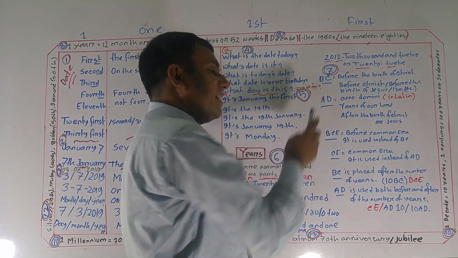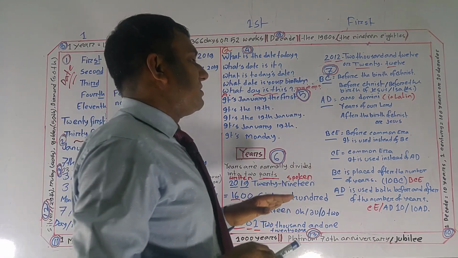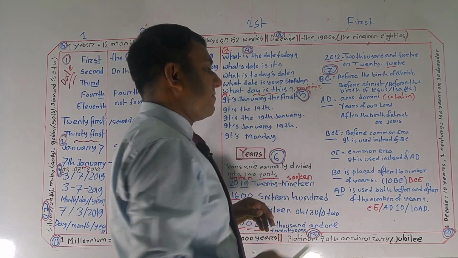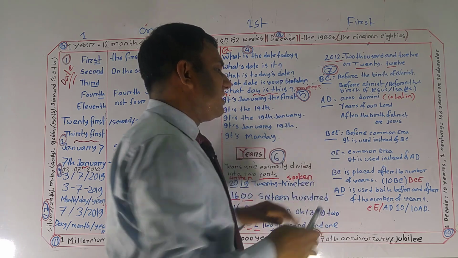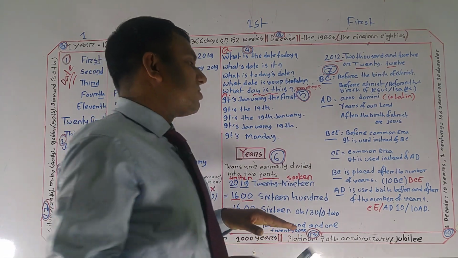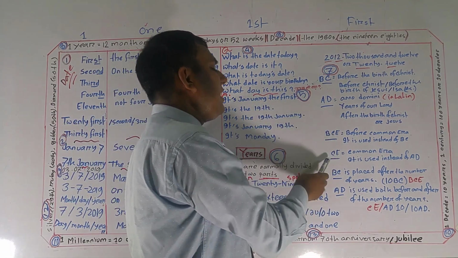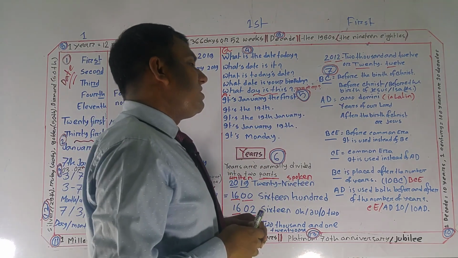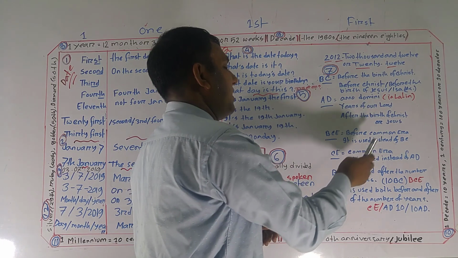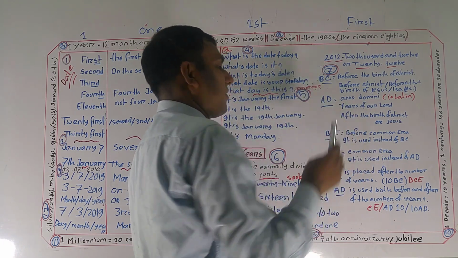Here I have already told you BC and AD. And after these 2 abbreviations we will find BCE and CE. This is common nowadays. Most people are using BCE and CE. BCE means before common era, CE means common era.